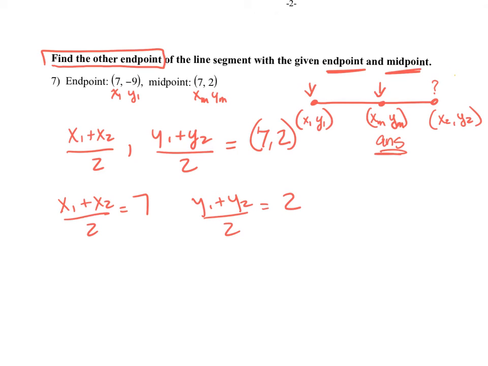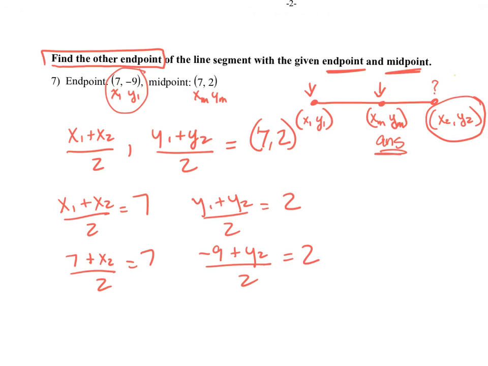But they're asking me to find x2 and y2. So I leave them without, I don't know what they are. Do I know what x1 and y1 are? Yeah. So I put 7 plus x2 divided by 2 equals 7. And negative 9 plus y2 divided by 2 equals 2.